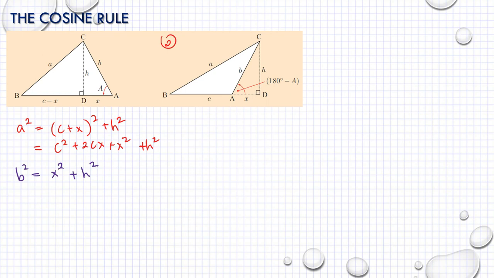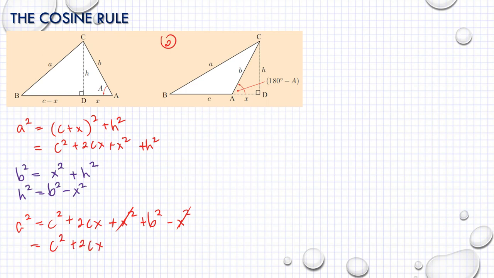So H squared is equal to B squared minus X squared. Substituting, we have A squared is equal to C squared plus 2CX plus X squared plus B squared minus X squared. Then that is 0. Then we have C squared plus 2CX plus B squared.